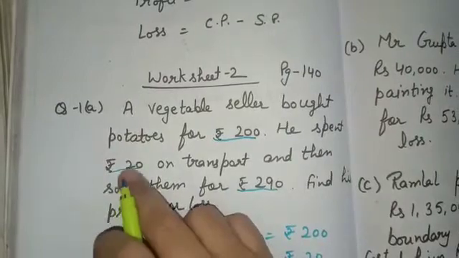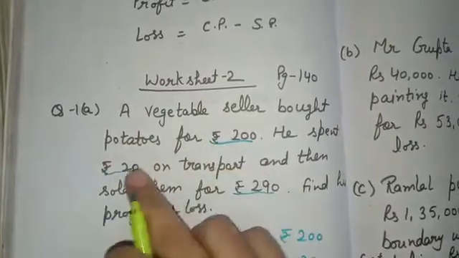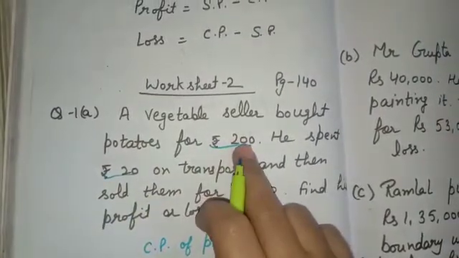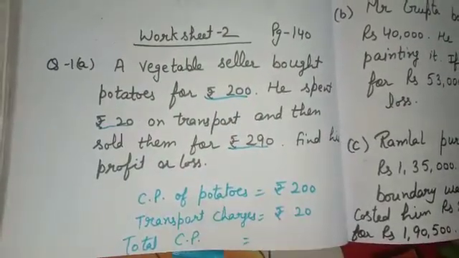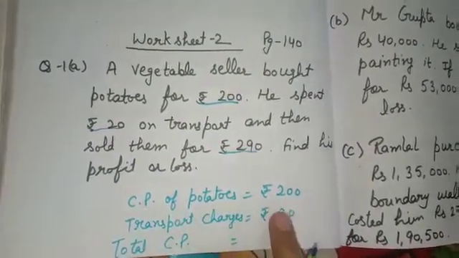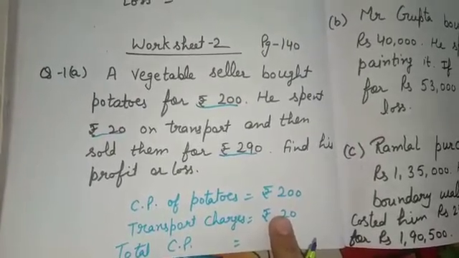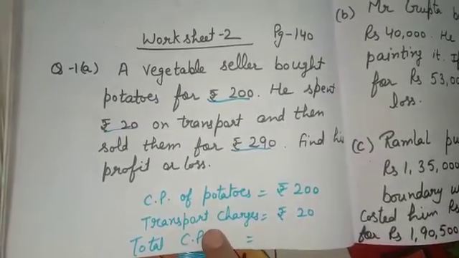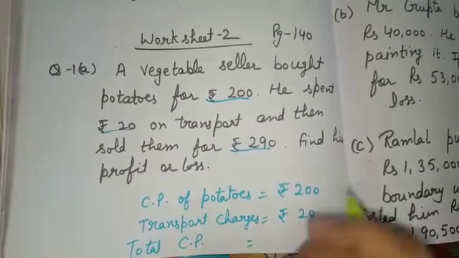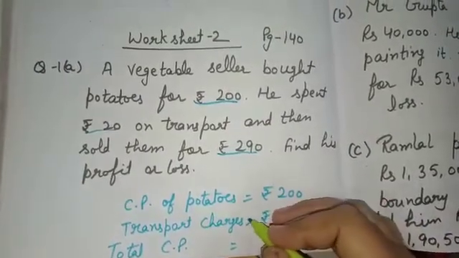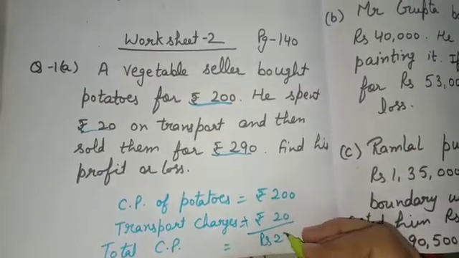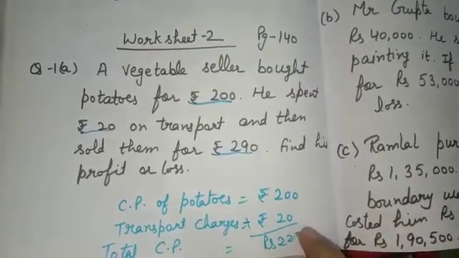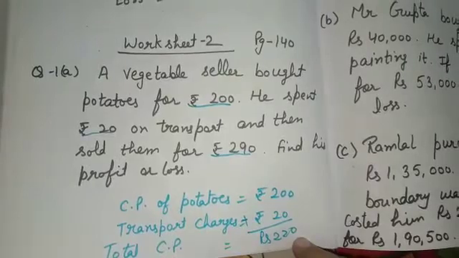Those extra charges are included in the cost price. As here cost price of potatoes is rupees 200, transport charges is rupees 20, then total cost price, means actual cost price, we will add these two things, which is rupees 220. Okay, so we will deal with this cost price now.